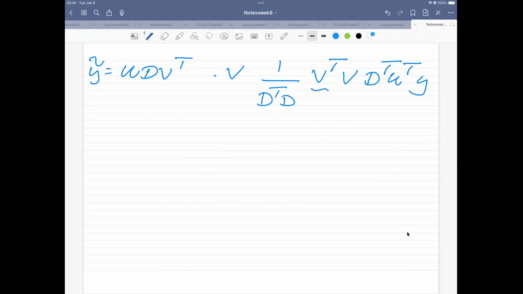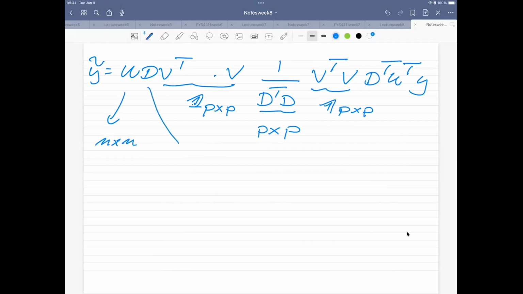Now, in this case, I can use the fact that these are unitary matrices, now orthogonal matrices. This has dimensionality p times p. This has dimensionality p times p. This is also a matrix of dimensionality p times p. Now, the matrix U has dimensionality n times n.